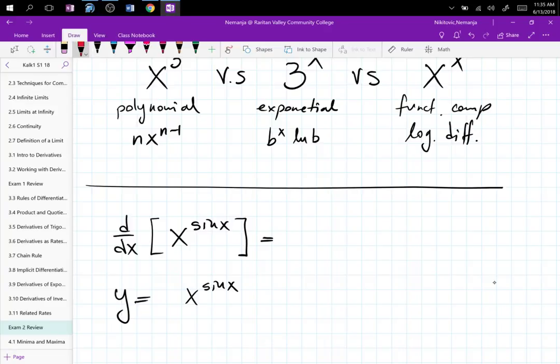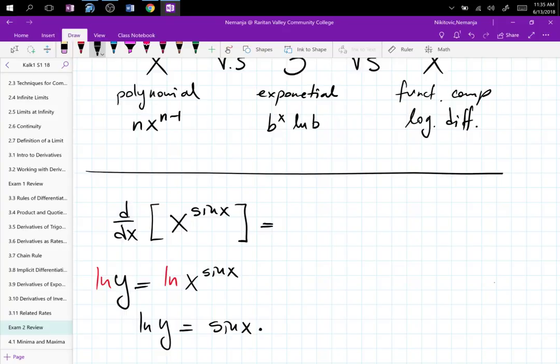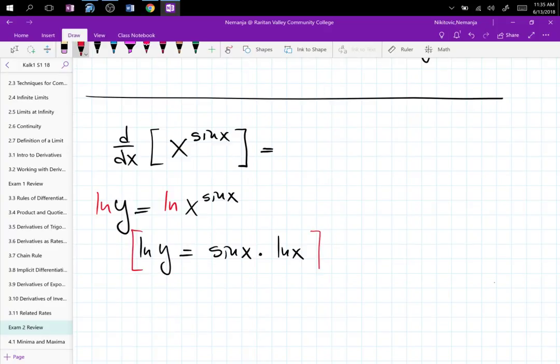We ln both sides, and this ln allows us to peel off sine x in front, so I have ln y is equal to sine x times ln x. So now we hit this with the derivative, and you actually have a product rule on the right-hand side, but you know, such is life.